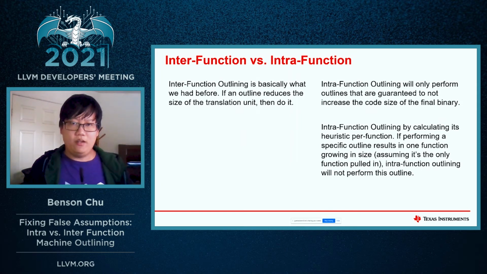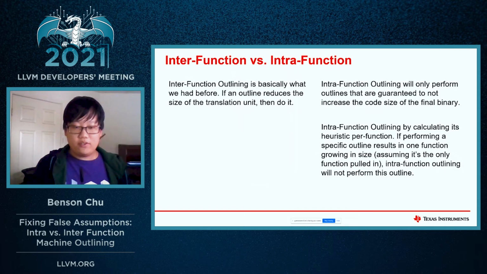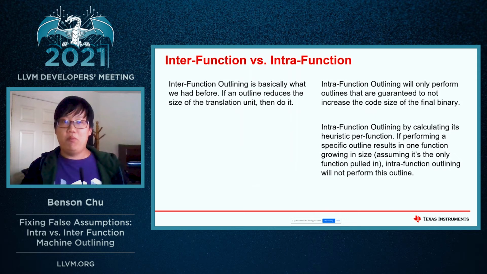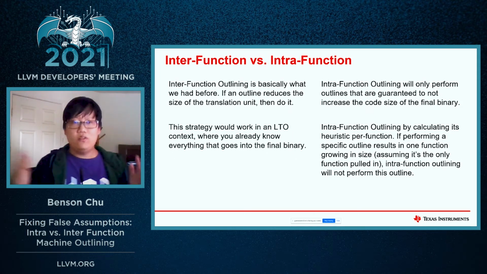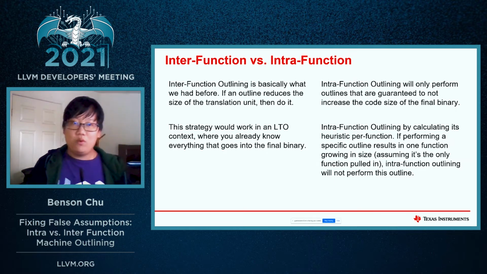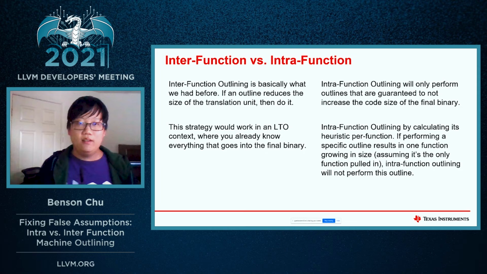Basically, the way this works is that it'll calculate its heuristic on a per function level to make sure that no function that is outlined will increase the code size if it's the only function that's being brought into the link. This doesn't mean that InterFunction outlining is always a worse option, particularly in a context like LTO when you already know everything that's going into the final binary. The aggressiveness of InterFunction outlining actually excels in an environment like this.